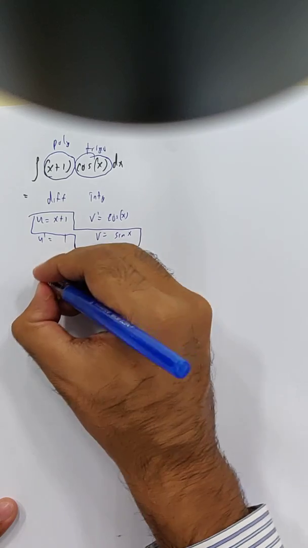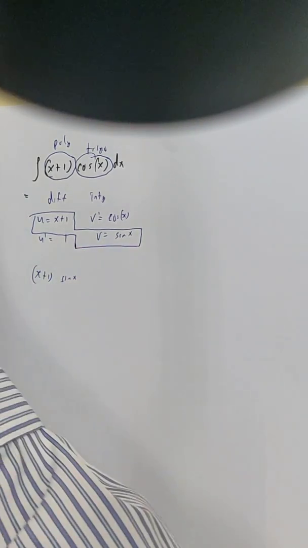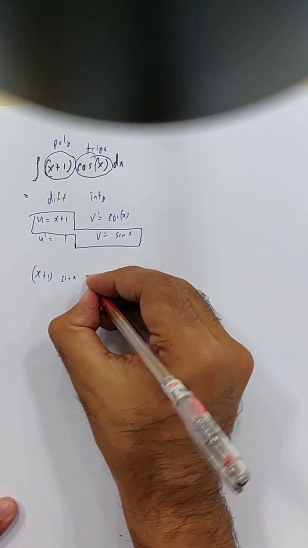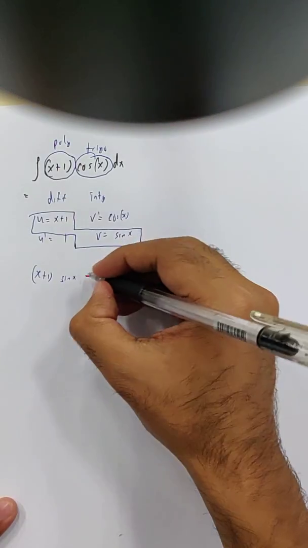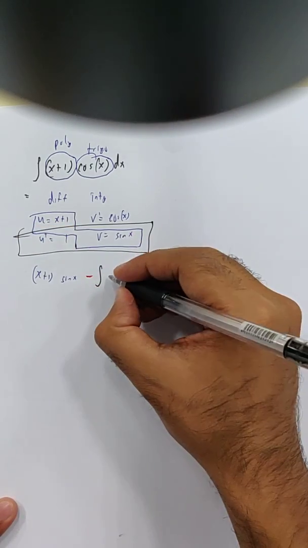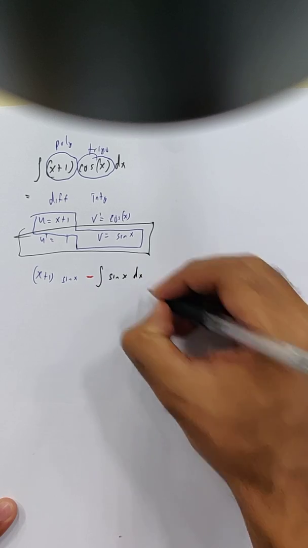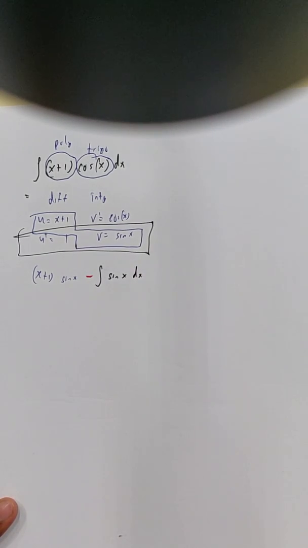Combining this one, x plus 1, sin x, minus, integrate 1 sin x. Or you can say, hey, why not we just go to sin x? Save a bit of our time.